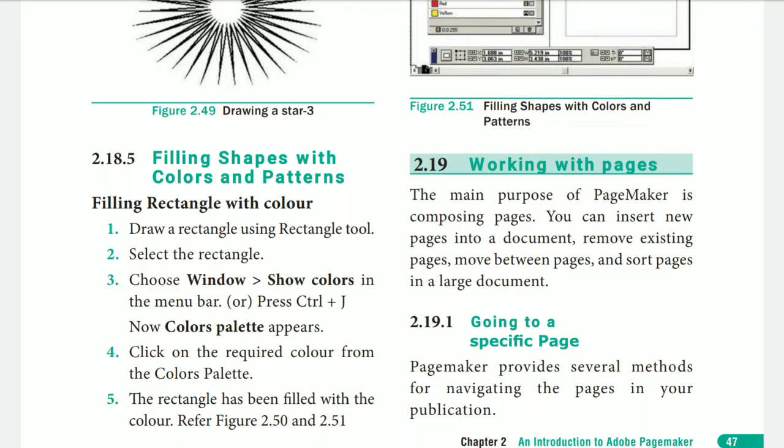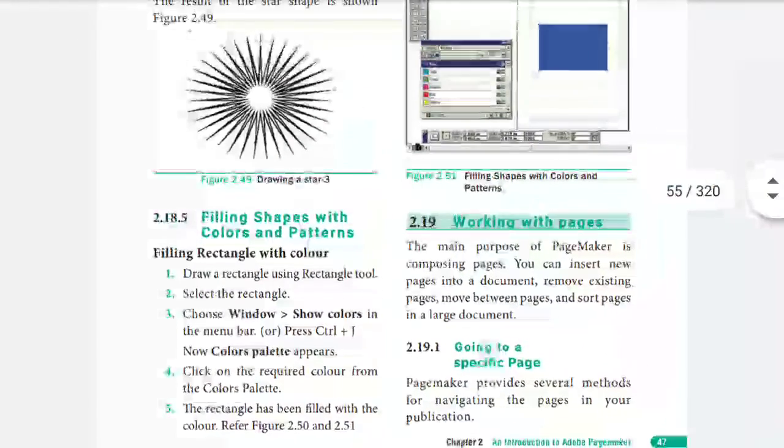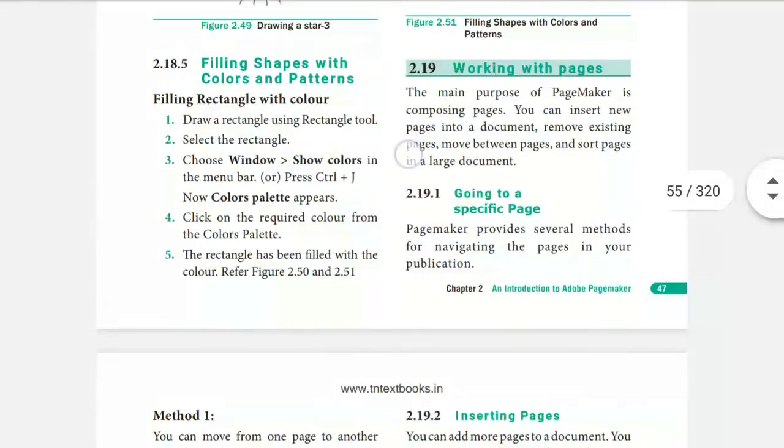Click on the required color from the color palette, then the rectangle will be filled with that color. Refer to figures 2.50 and 2.51.